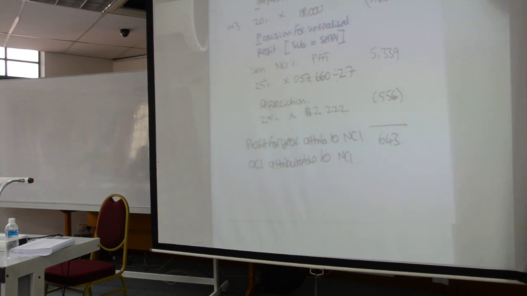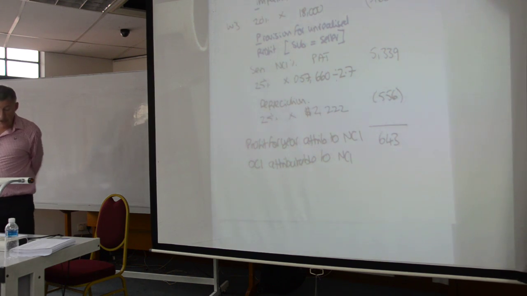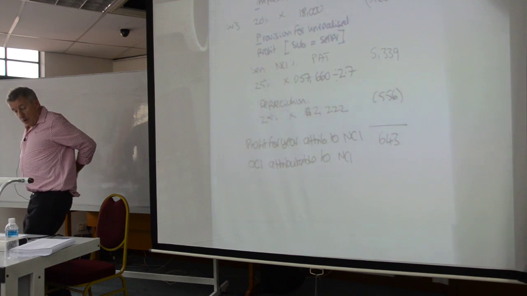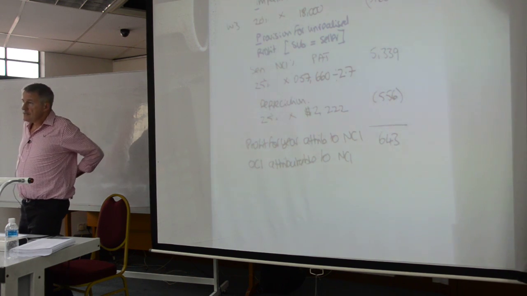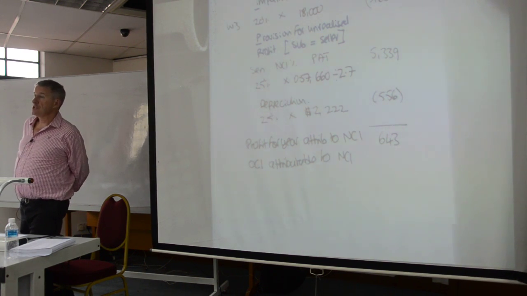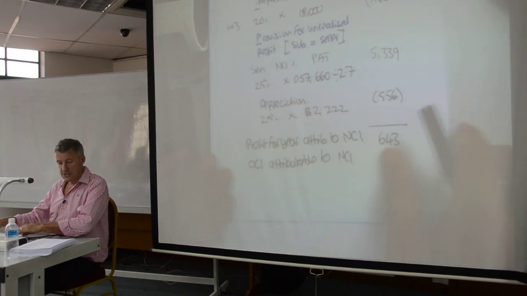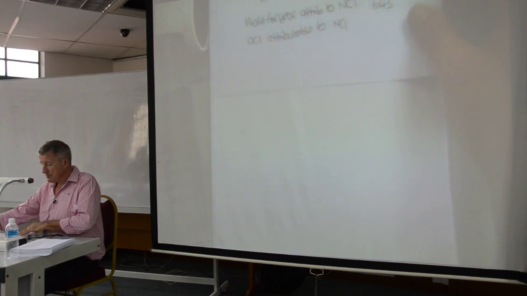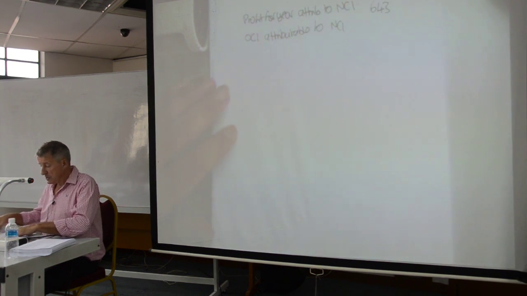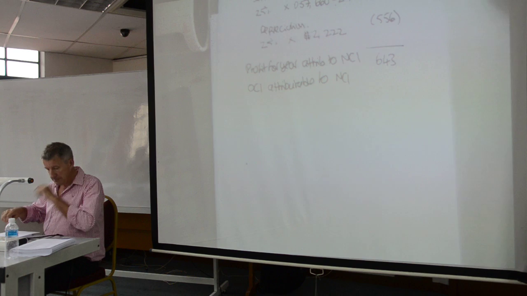Okay, so I've now got to work out the figures that are in the OCI, and of the figures that are in the OCI, how much of these are attributable to the non-controlling interest. My starter for 10 will be to look at the information in the question.